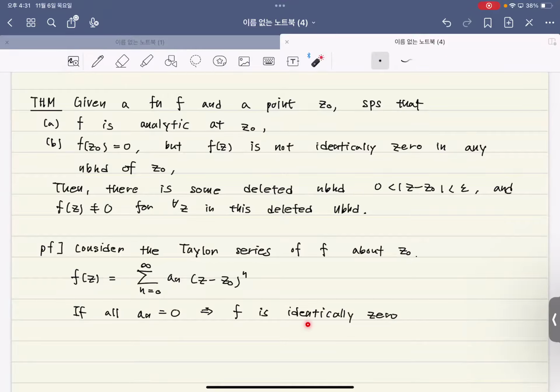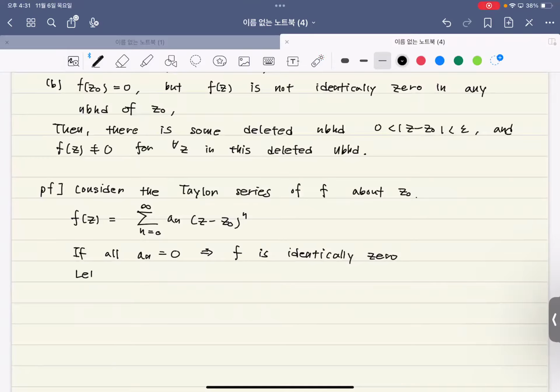But this is strictly prohibited because of our assumption. That means at some point you can find a non-zero coefficient in this Taylor series. So you must be able to find an integer m, the least integer such that the coefficient is non-zero.